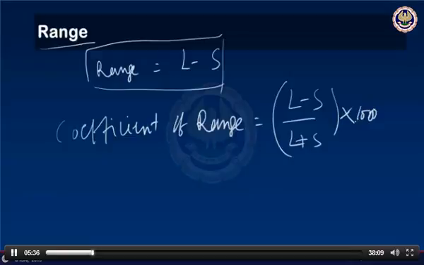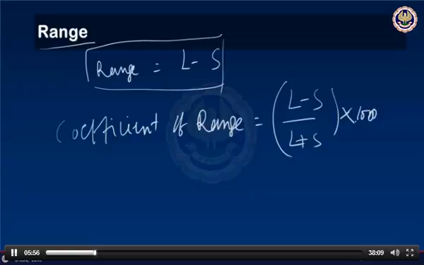For a grouped frequency distribution, range is defined as the difference between the two extreme class boundaries. The corresponding relative measure of dispersion is given by the ratio of the difference between the two extreme class boundaries to the total of these class boundaries, expressed as a percentage.